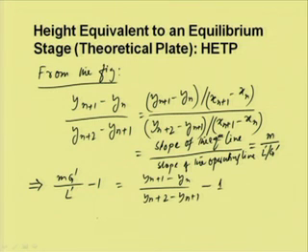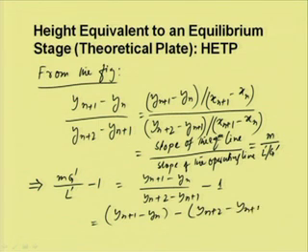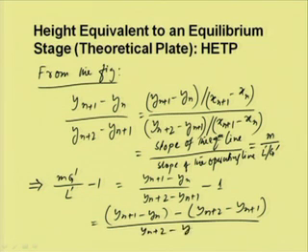So, which is equal to y n plus 1 minus y n minus y n plus 2 minus y n plus 1, divided by y n plus 2 minus y n plus 1.